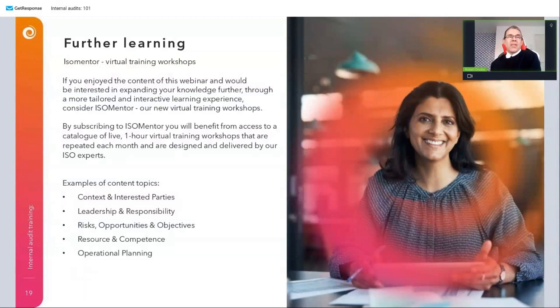And the bonus with the ISO Mentor Program, to be honest, is if you sign up for it as an organization, I think at the moment you are able to sign up many employees. You pay generally one fixed cost, and you can put as many employees on that.